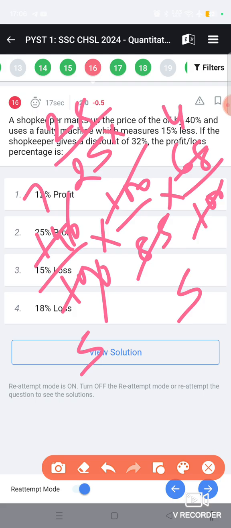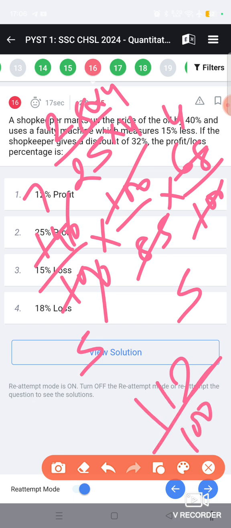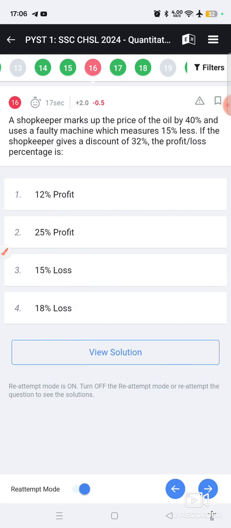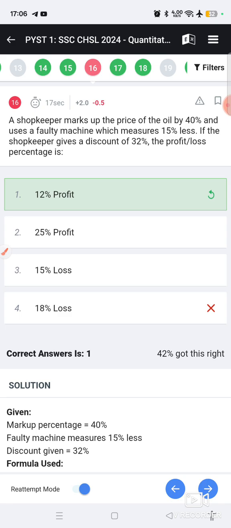It means if we multiply by 4, then this is 112. 100 becomes 112. 112 means 12% profit. Okay, this is also correct.